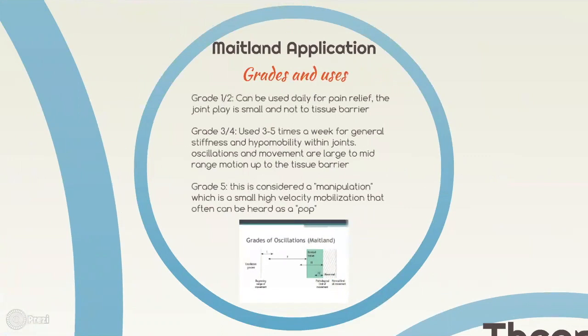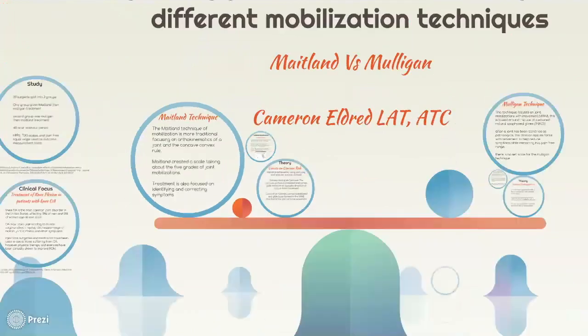Now, grade 5, this is going to be a joint manipulation. This is a small, high-velocity mobilization that usually causes some type of an audible pop. So it's just a quick jerk that usually will result in that pop that you would hear.